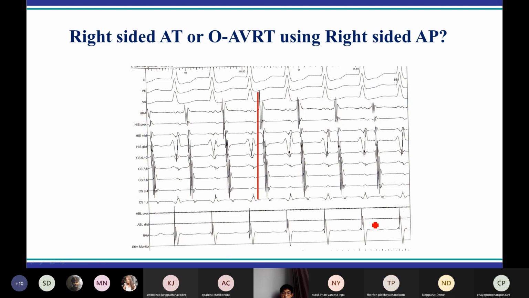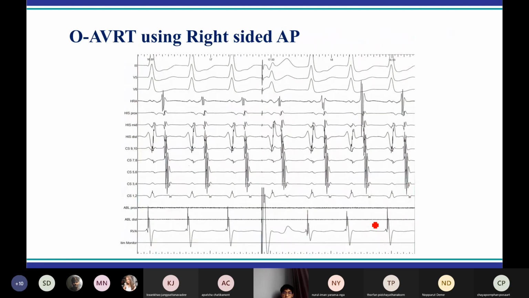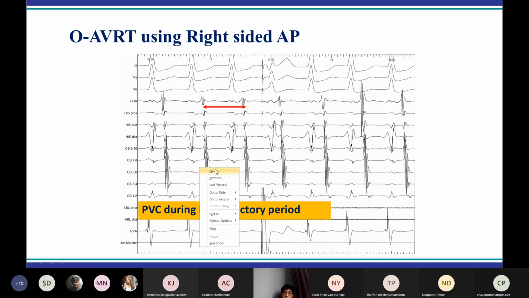I think I have mentioned this already, but I will talk about it again. This is the PVC during tachycardia, during the His refractory period. Here's the PVC you throw in.